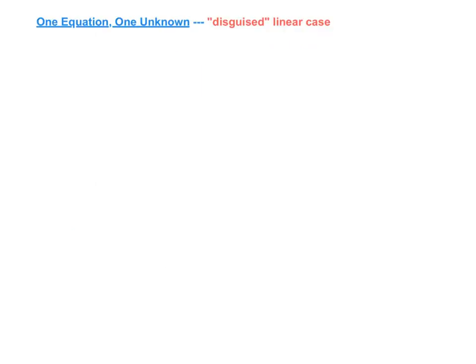In the preceding examples, we considered a linear equation with one unknown. In other words, equations like this, or like this, or even like this. These are considered linear equations because each side of the equation just involves simple polynomials that went up to x.